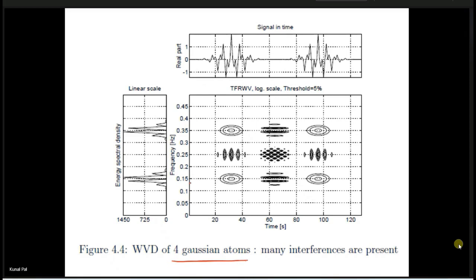So in the first case, you get this first cross term due to the interaction of, let's mark these atoms, say A, B, C and D. This first cross term is due to A and B. Okay.